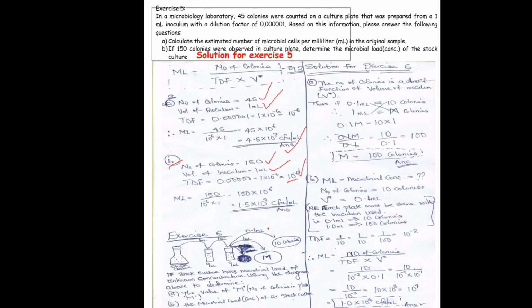Let's see if the answer will change. You say 150 colonies observed, divided by TDF 10 raised to the power minus 6 times 1 equals 150 times 10 raised to the power 6. When you multiply it and change to standard form of microbial unit measurement, you now have 1.5 times 10 raised to the power 8 CFU per ml.